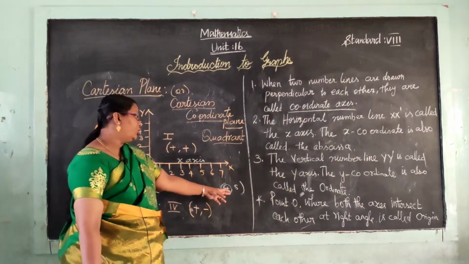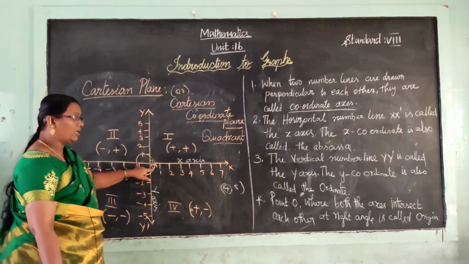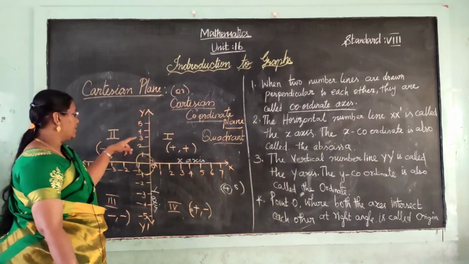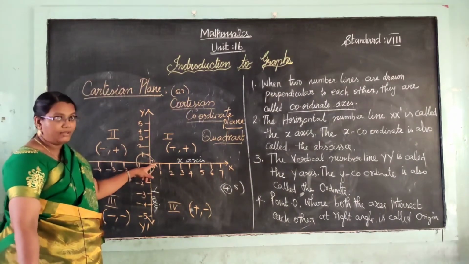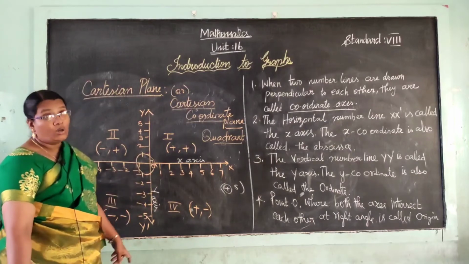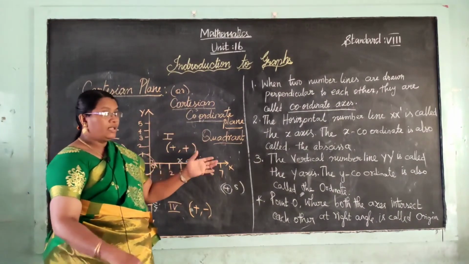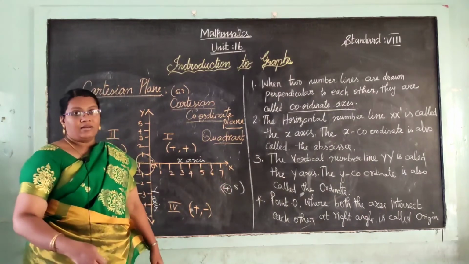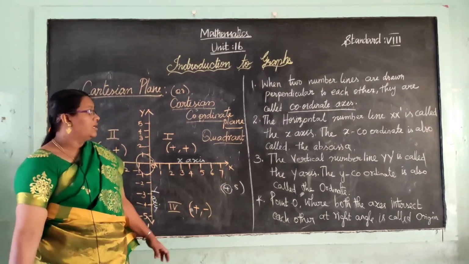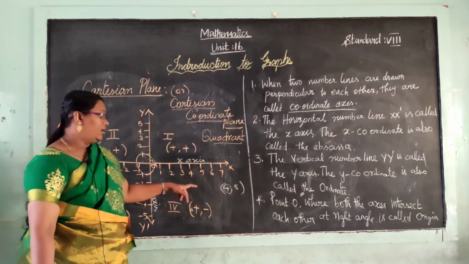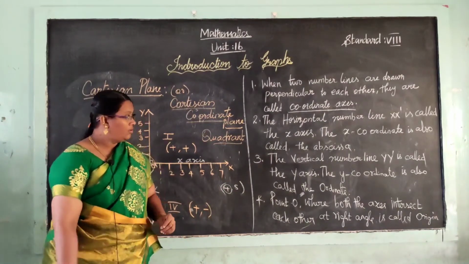And the fourth one, the point O where both the axes intersect each other at a right angle, is called the origin. These are all to be written on the right side. So on the writing sheet, you should draw the graph like this. Next point I will write.